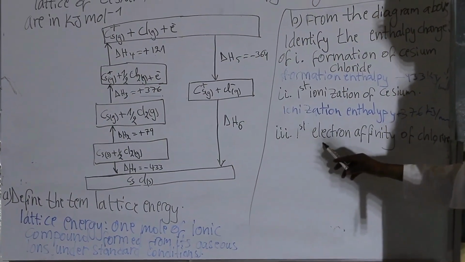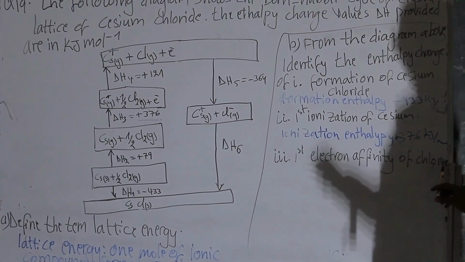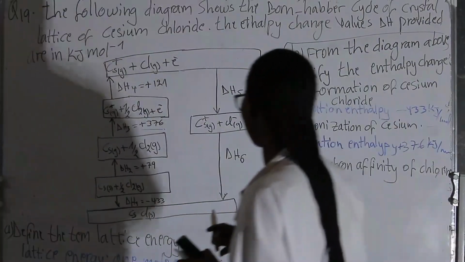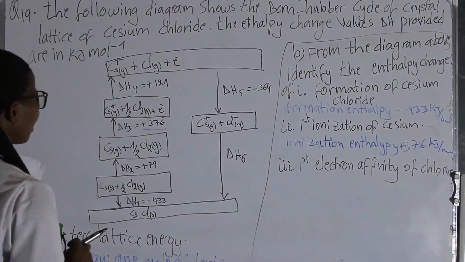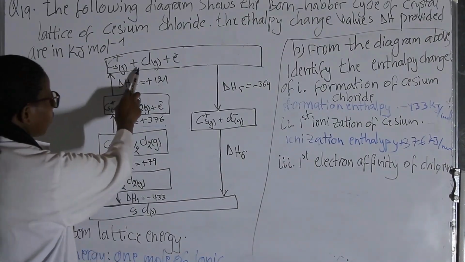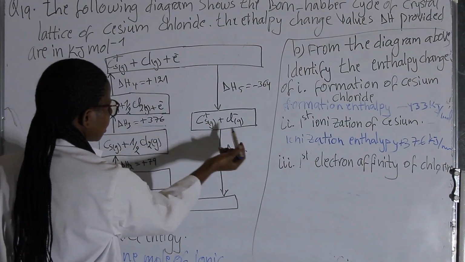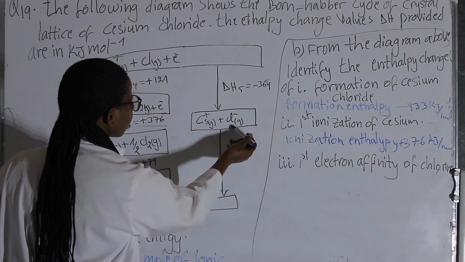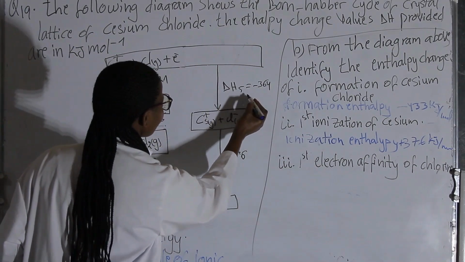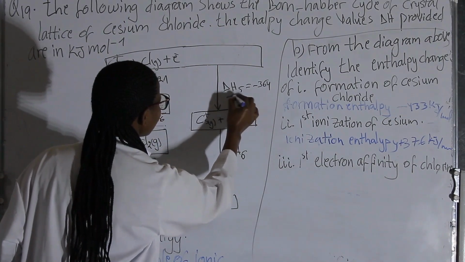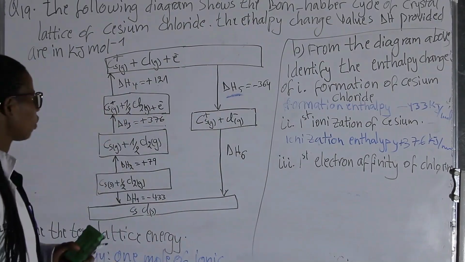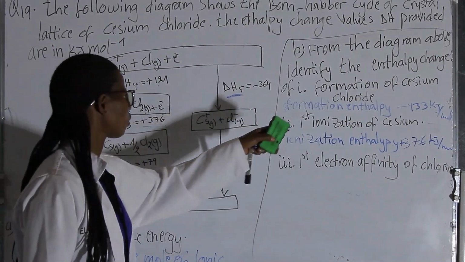Enthalpy change for the first electron affinity of chlorine. The first electron affinity of chlorine is just here. The first electron affinity enthalpy change is this one.